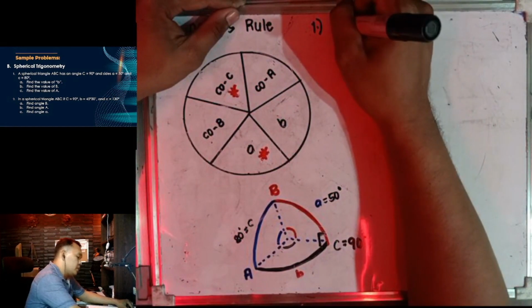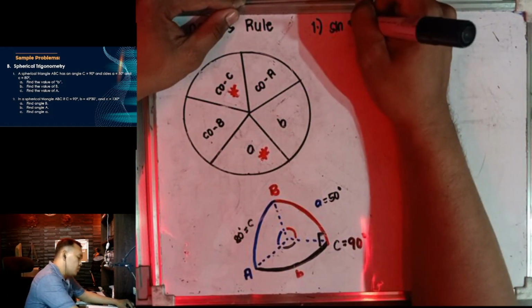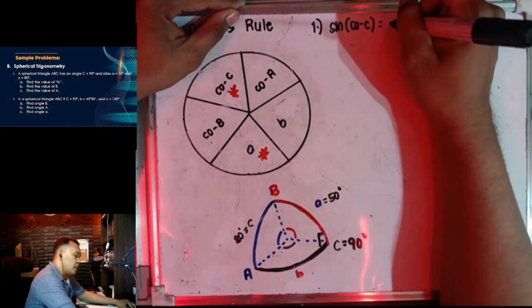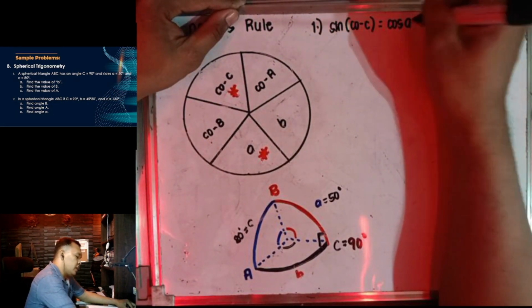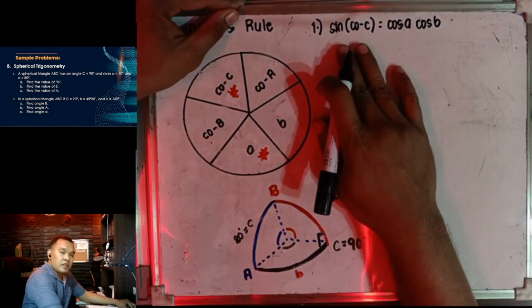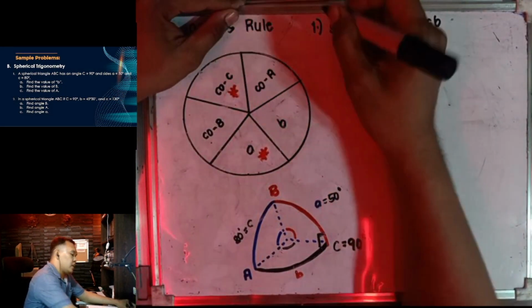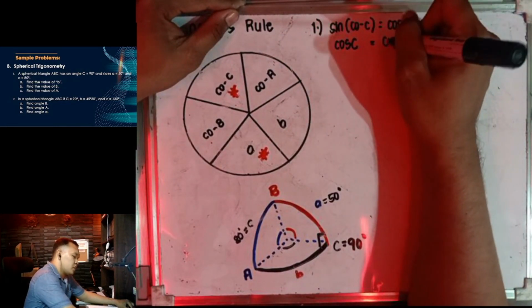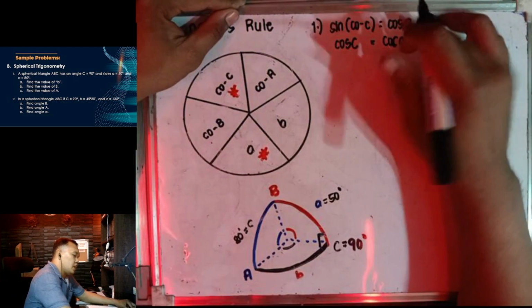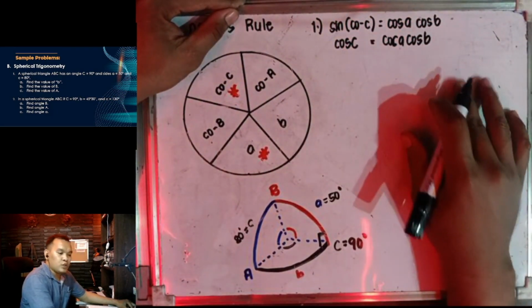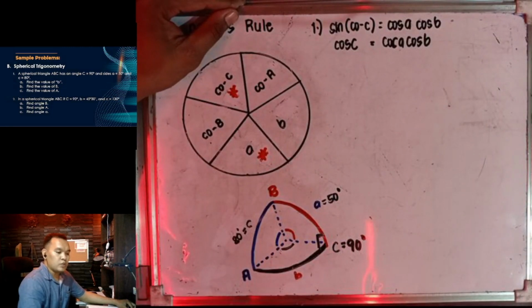So, we have here sine complement ni C is equivalent kay cosine A and cosine B. So, sine complement ni C is equivalent yan kay cos C is equivalent kay cos A and cos B.